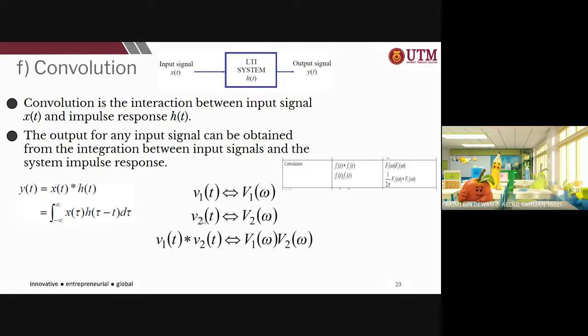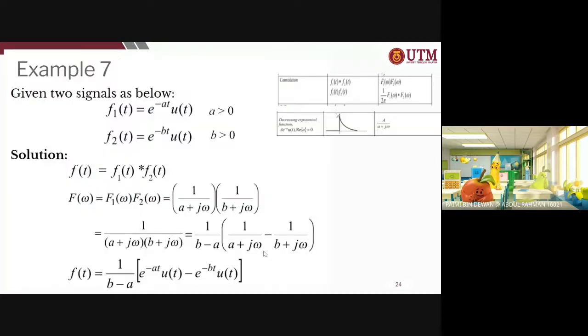For example, v1(t) convolved with v2(t) is just the multiplication of V1(omega) with V2(omega). Okay, so example 7. Given two signals, you can see there are two signals here, e^(-at)u(t) and e^(-bt)u(t). So what does this mean?